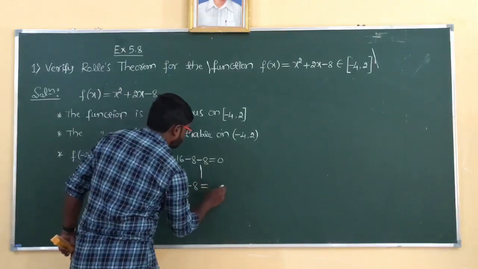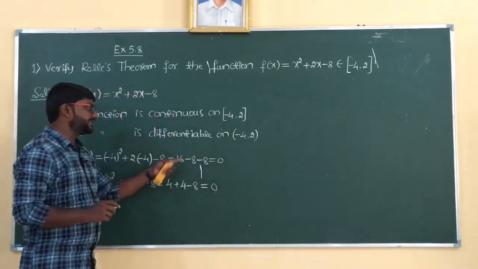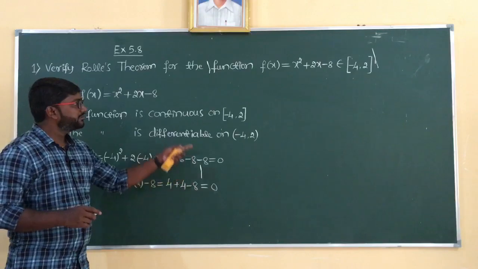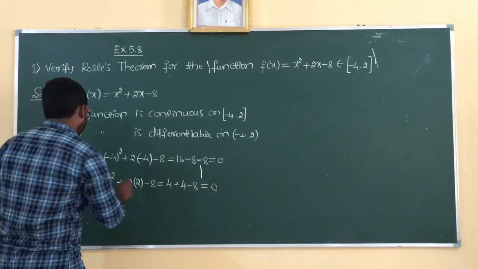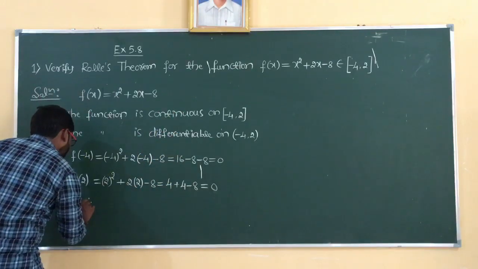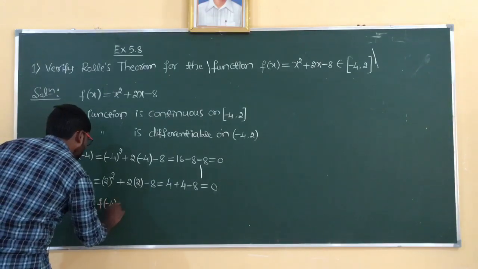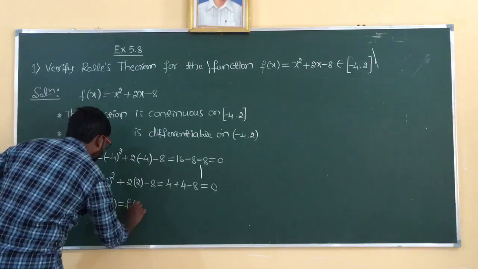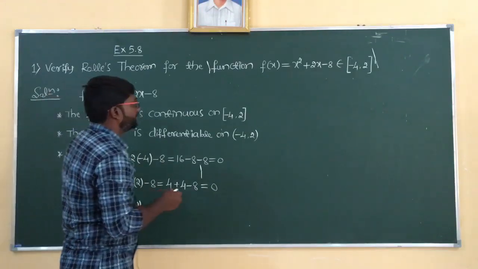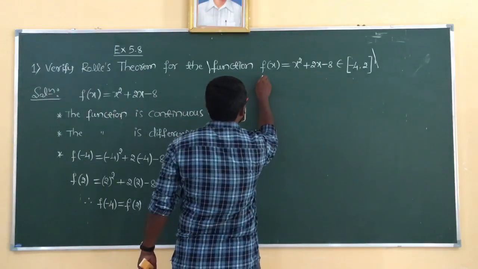So here f of a is equal to f of b, that means we have to go for the next step. Therefore f of minus 4 is equal to f of 2.